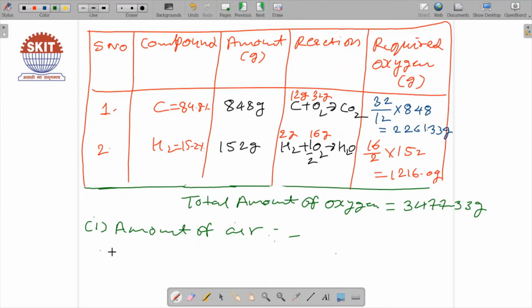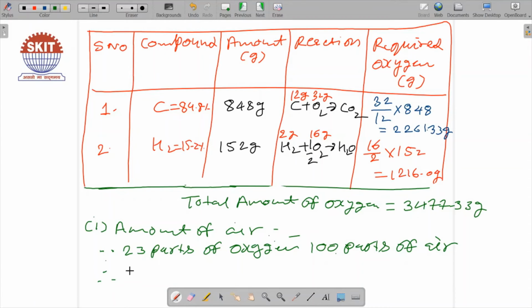According to the important points which we have already discussed, 23 parts of oxygen react with 100 parts of air.